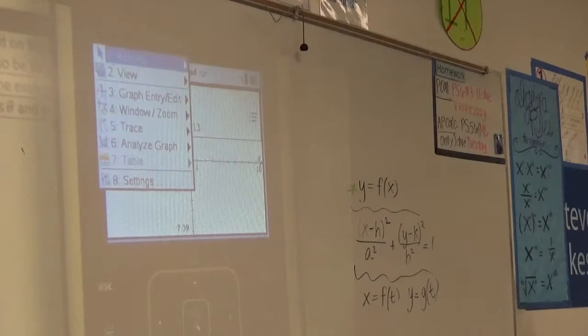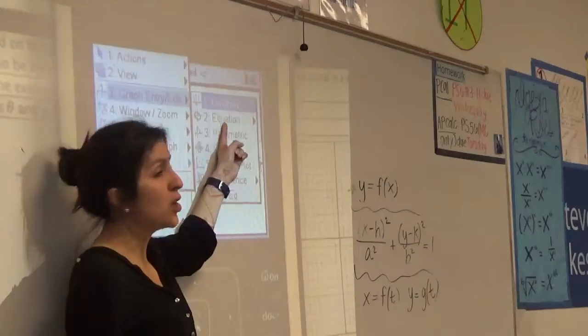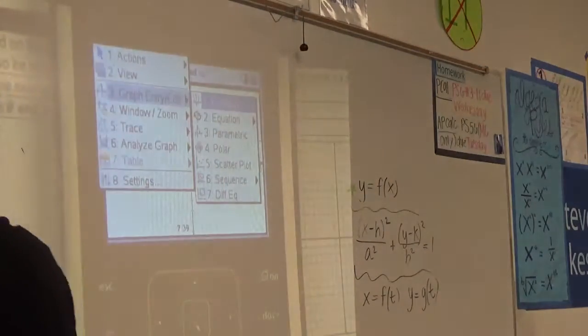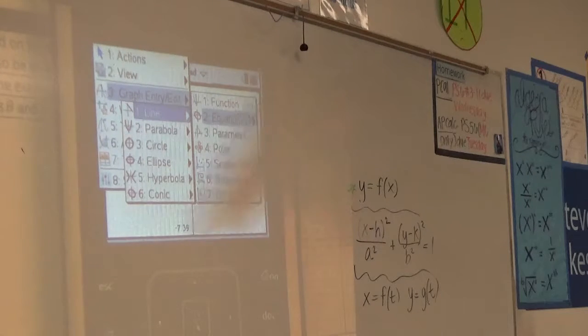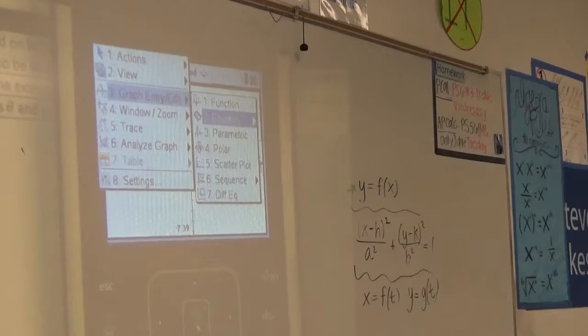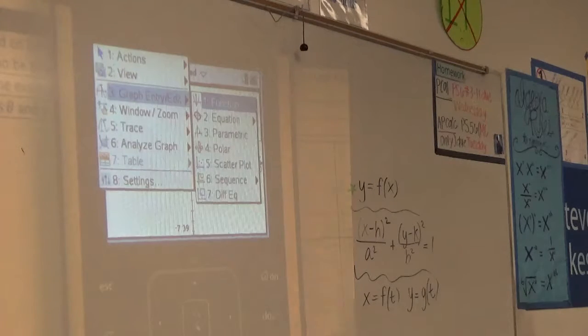So when I go to number 3, the other day we went to equation, and underneath equation there were all these different conics, which is great. Line, parabola, circle, ellipse, hyperbola, conic. But actually what's also cool is that number 3 on my graph entry menu says parametric.